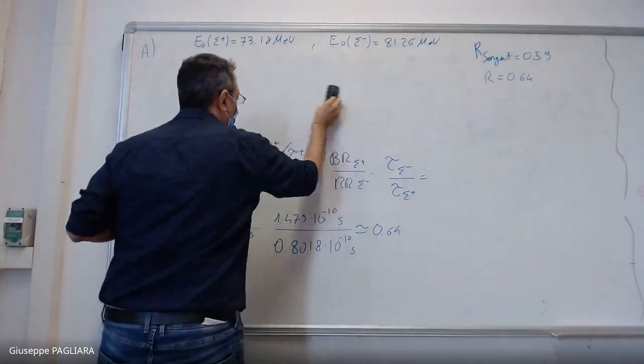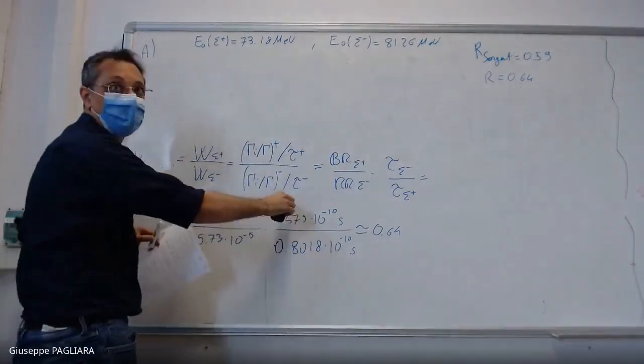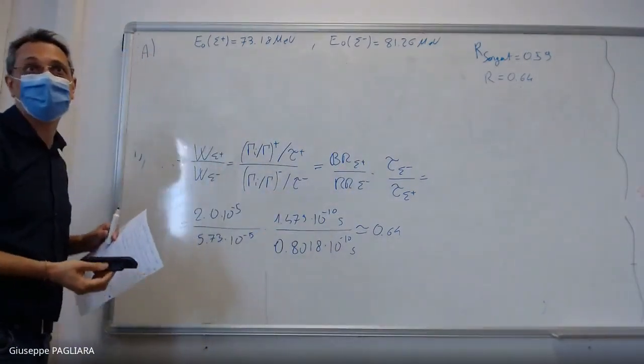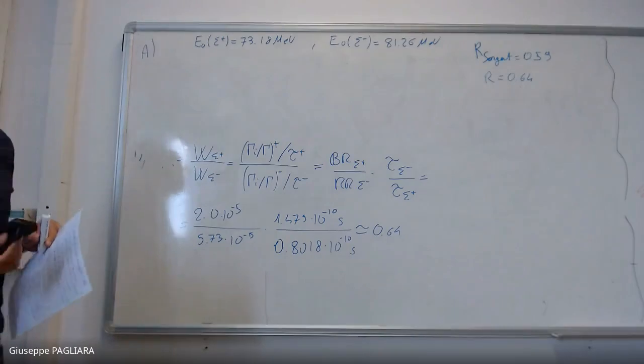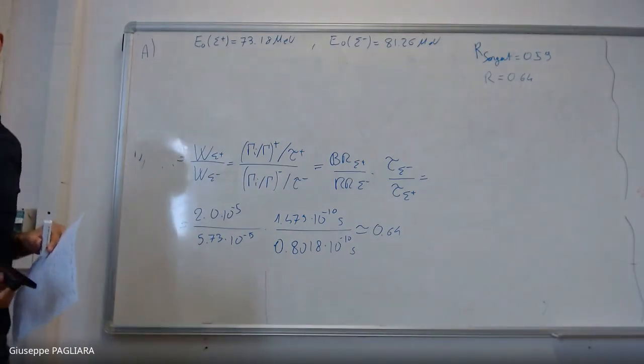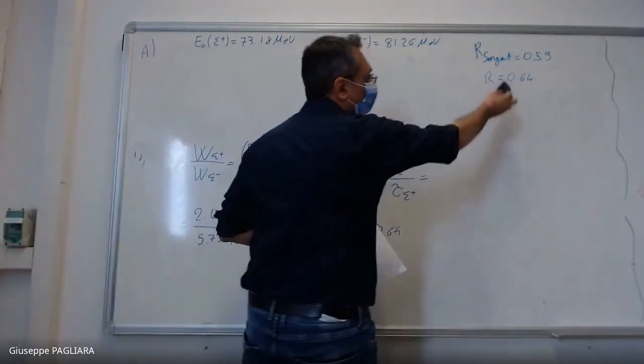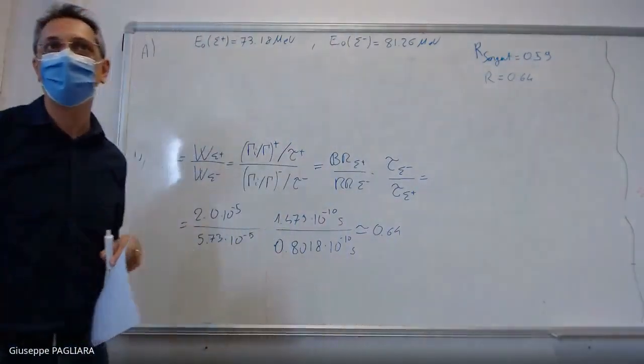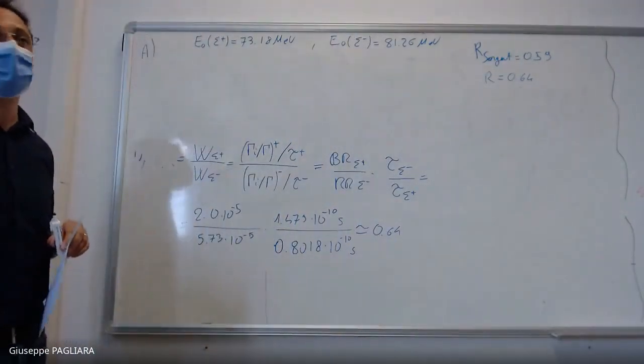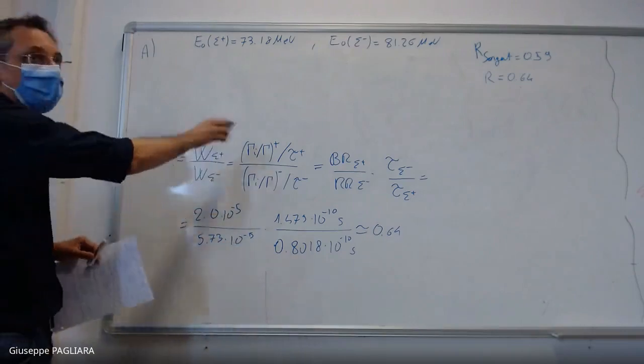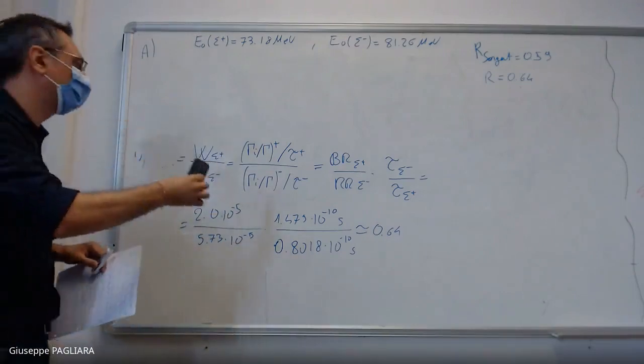The numbers that are provided in the text are of course not exact numbers. These are measured quantities which come with an experimental error. So the question is, are those two consistent within this experimental error? And this we have to check. So we have to propagate the error to this formula here.